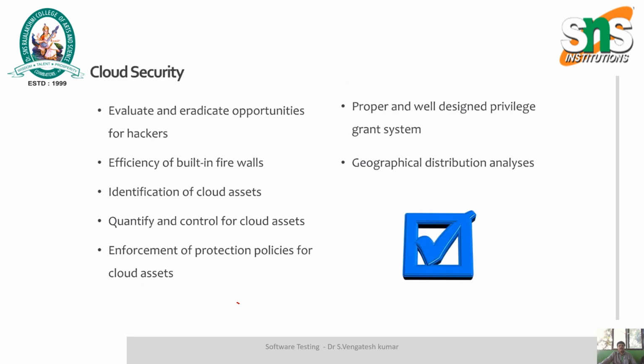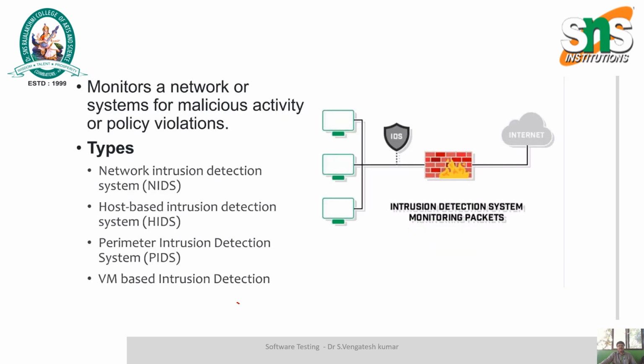Again, looking at cloud security: evaluate and eradicate opportunities for hackers, the efficiency of built-in firewalls, identification of cloud assets, qualification and control of cloud assets, enforcement of protection policies for cloud assets, a proper and well-designed privilege grant system, and geographical distribution of analysts.